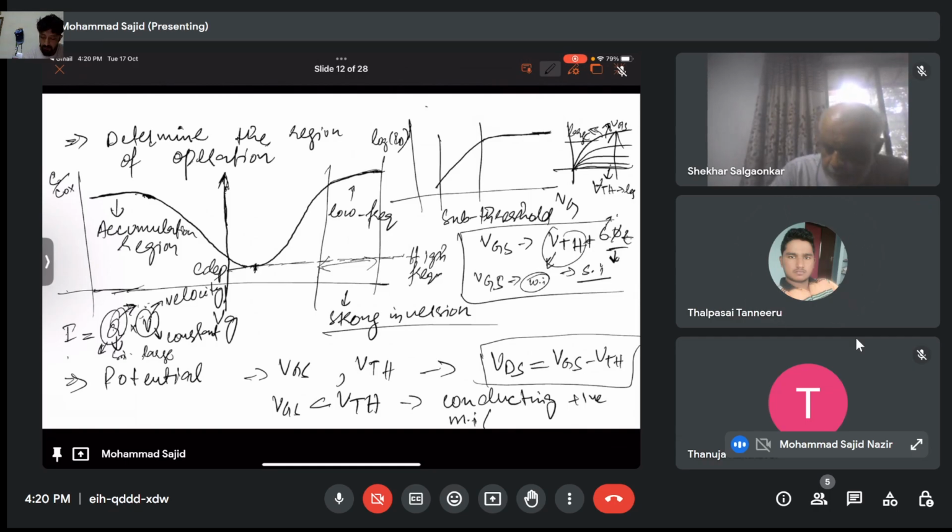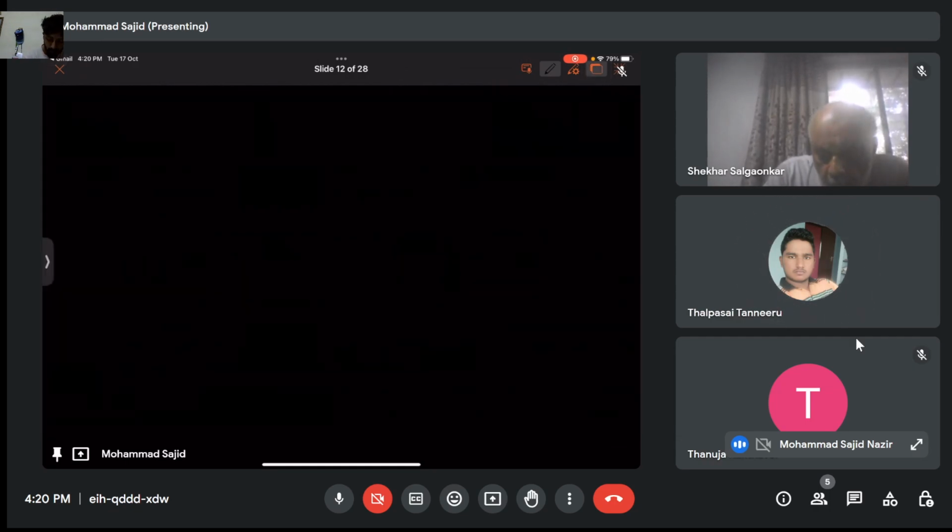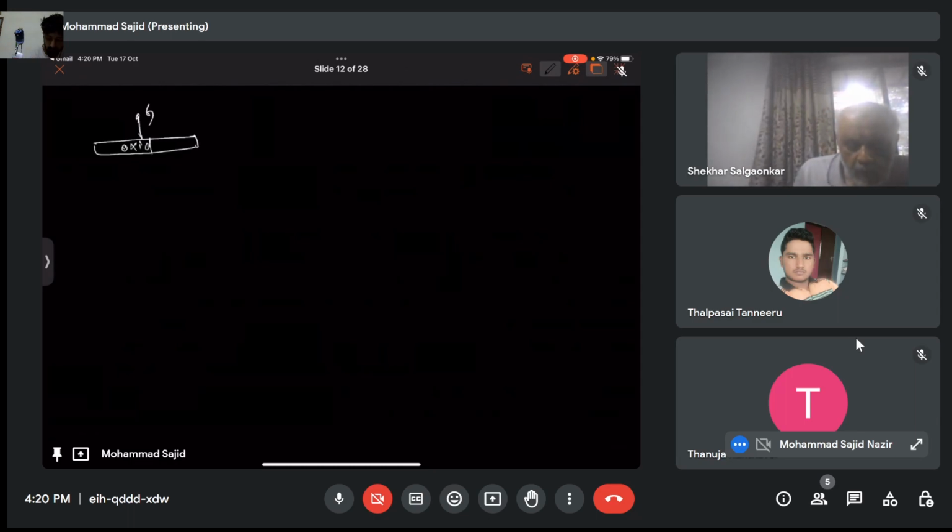So this is MOSFET. If this is gate, this is oxide, and this is your P well.